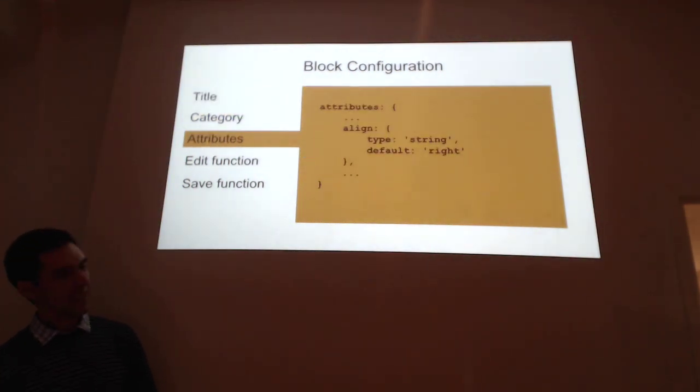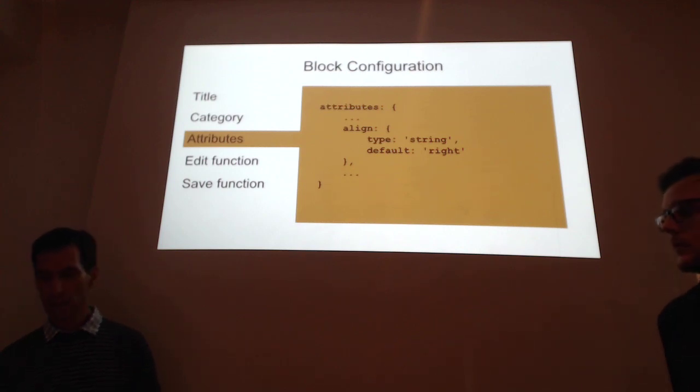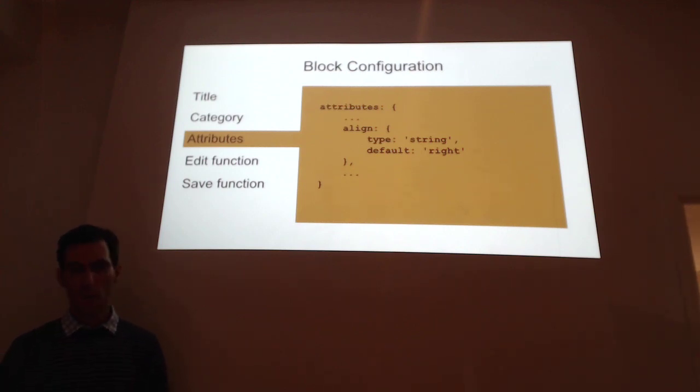The attributes setting identifies what dynamic content we are using in our block. For example, if you want the user to be able to change or set the alignment or background image or background style, you set an attribute, and then those options will be available on the block when editing the page.